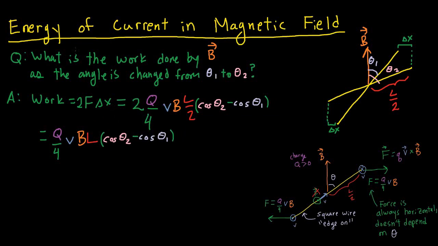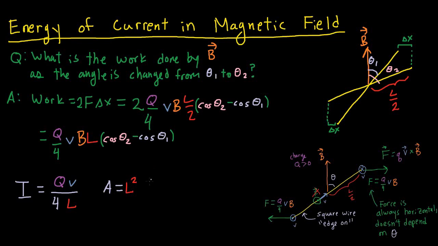Now, once again, I want to express this whole thing in terms of the current I. So, from before, we figured out that I equals Q V over 4L, right? That's the current going around the wire. And also remember that A, the area of the square, equals L squared.